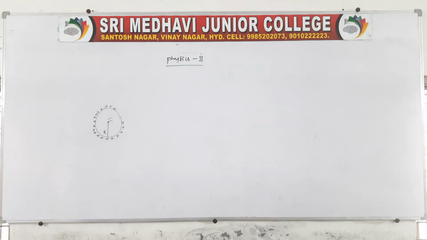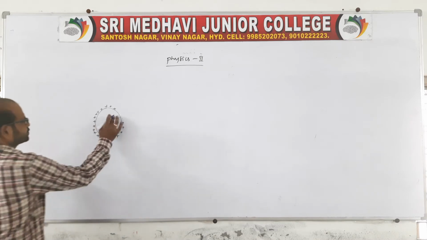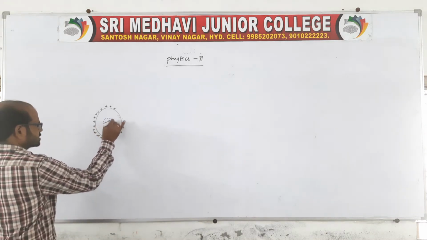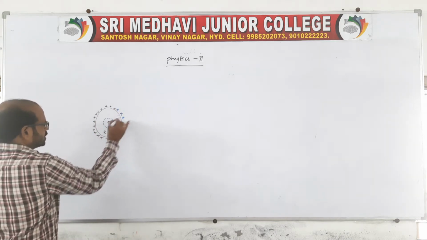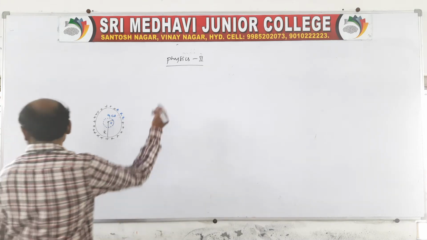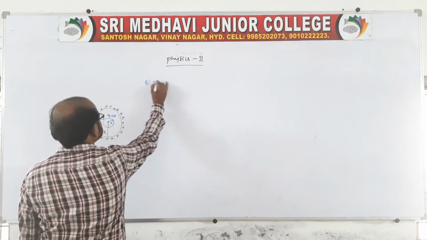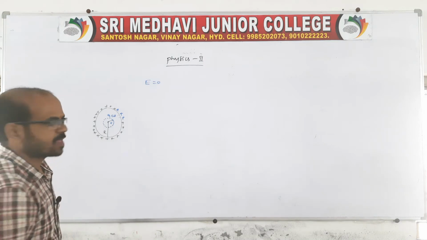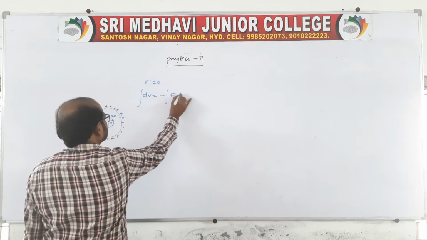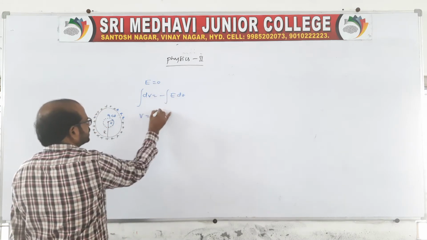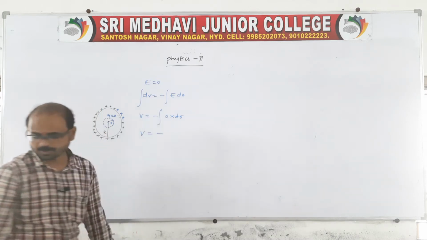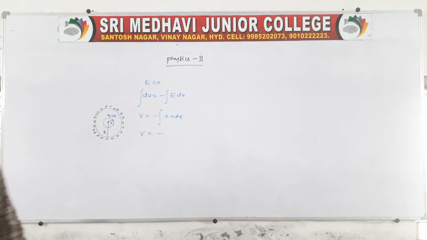Now coming to the point, it is just inside. You draw like this, the point is at a point like this. Here you tell me, is there any charge inside? No. When there is no charge, the electric field intensity is E equal to 0, of course. Then dV is equal to minus integral E dot dr, so V is equal to minus integral 0 into dr. Integral of 0 will be a constant.